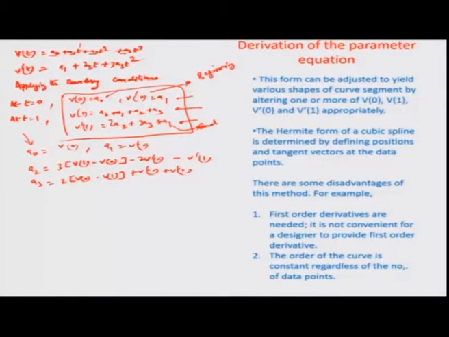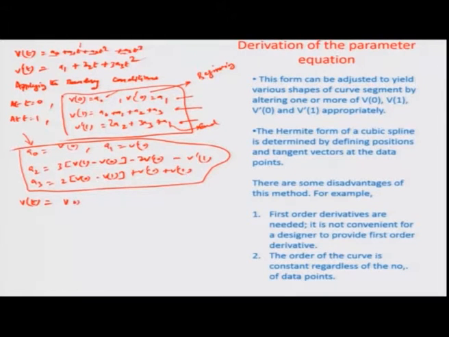And all we have is the beginning and the end point and the slopes v dash at the beginning and the end points respectively. So, we can actually represent now the function v t with respect to all these different solutions which have been obtained, a 0 to a 3.